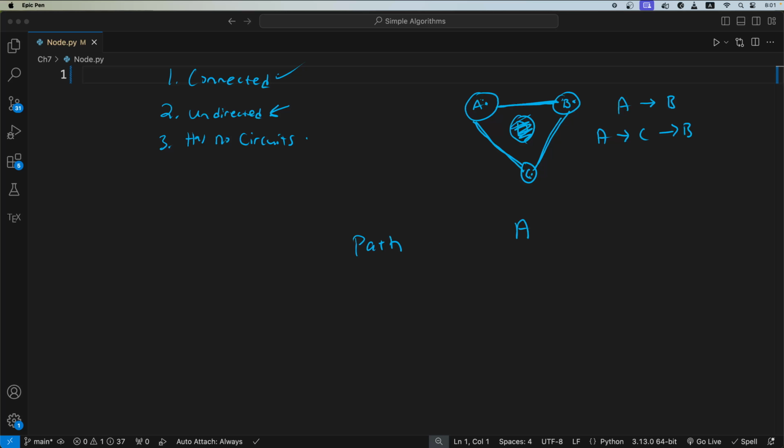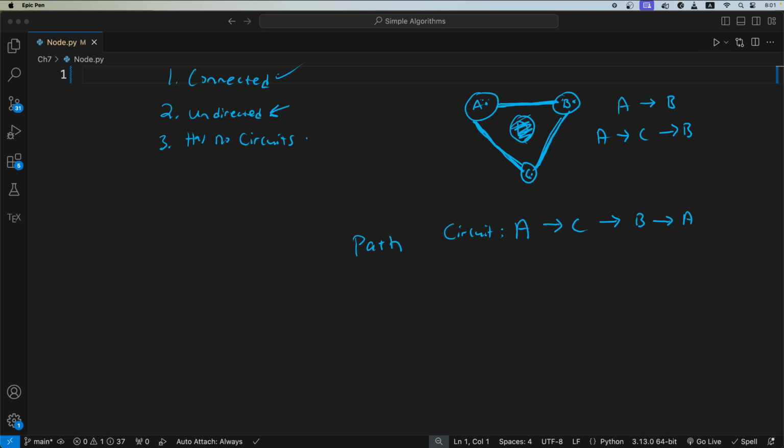We can go from A to C, from C to B, and then we can go from B back to A. Do you see how I didn't travel any of the same edges, right? I went from A to C, so that's one edge, C to B, which is another edge, and then B to A. So we traveled three distinct edges, and we ended up back where we started. This is an example of a circuit, right? So that's a circuit.